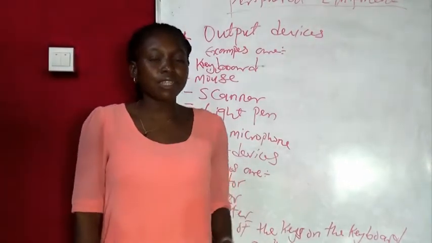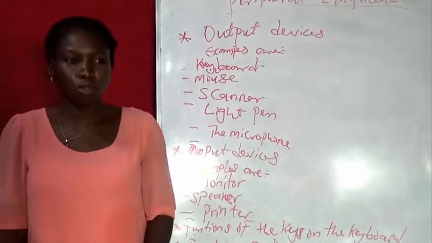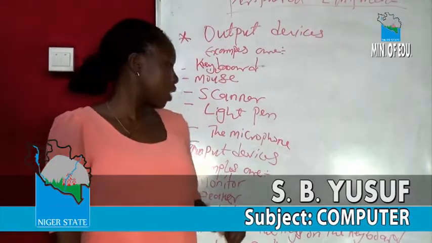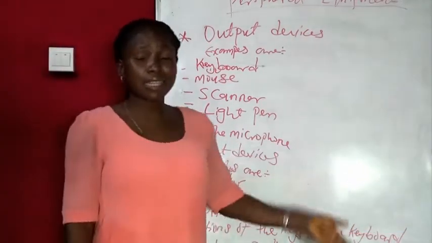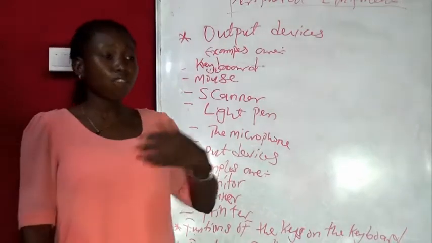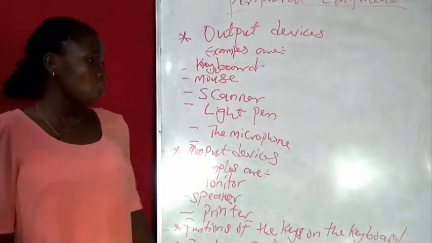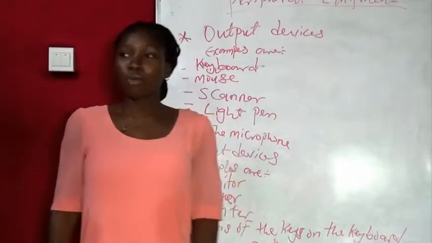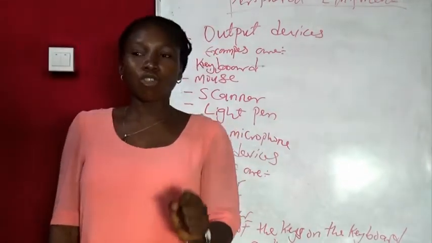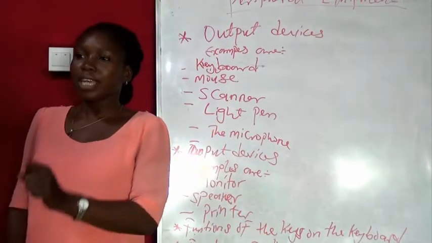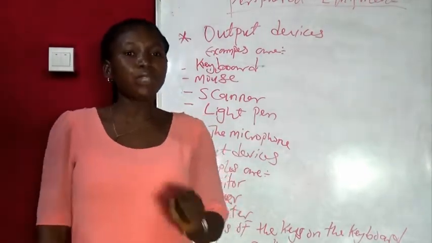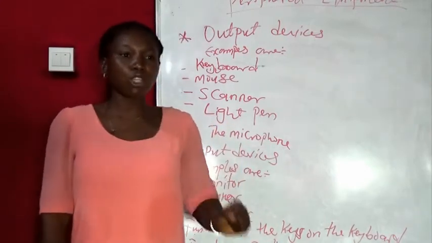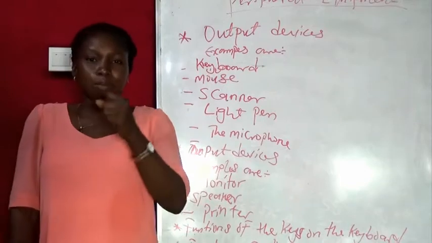Whatsoever the computer has processed, the data and information, or the work done within the computer, you get it through your output devices. Without your output devices, there is no way you can see the work being done inside a computer. But your output devices show you the final results of what the computer has processed.